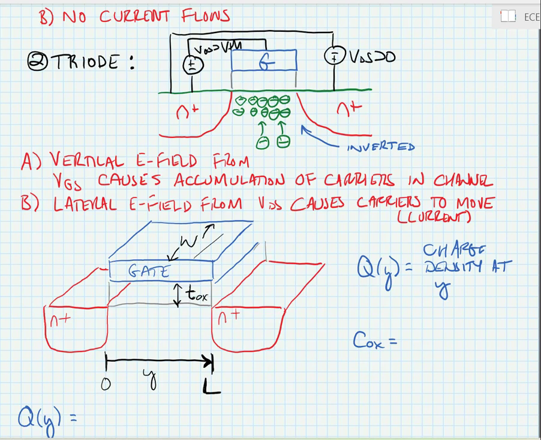C sub ox is the oxide capacitance per unit width, which is equal to epsilon r times epsilon naught divided by T ox. Epsilon r is the relative permittivity of the oxide material. If it's silicon dioxide, it's approximately 4.1. Epsilon naught is the permittivity of free space. So this tells us something about the capacitance of the channel.